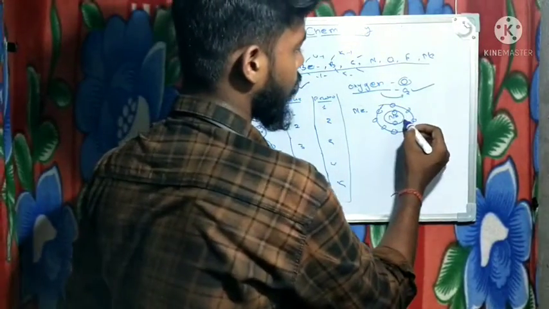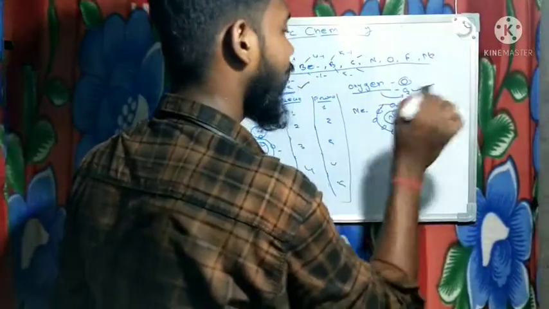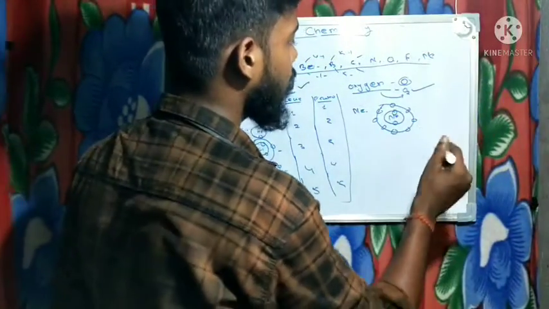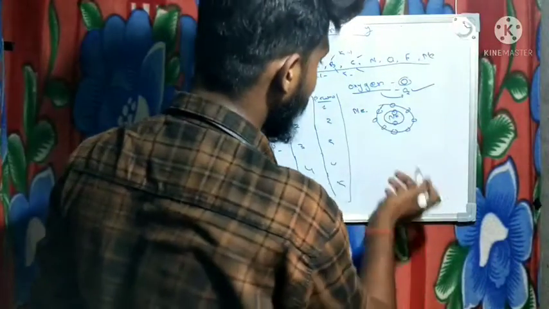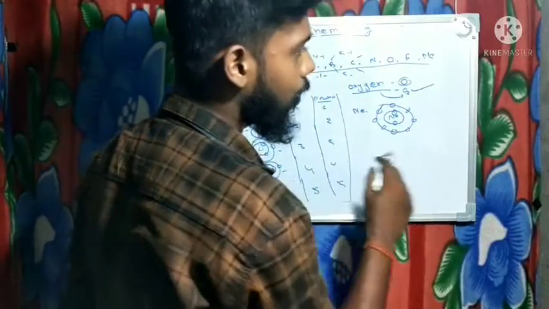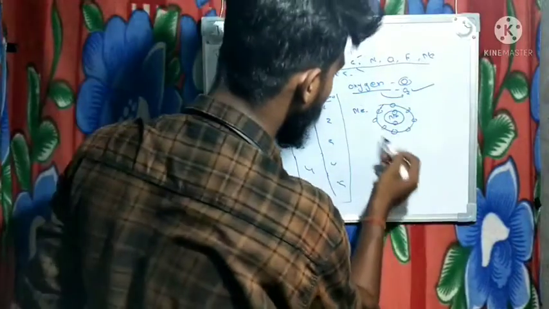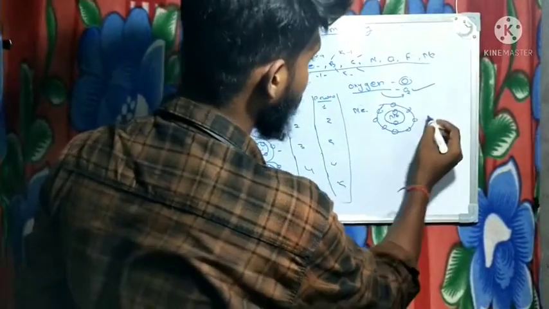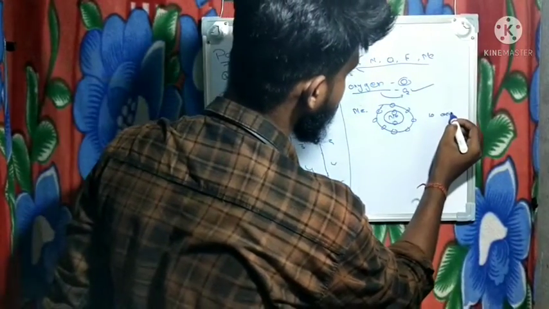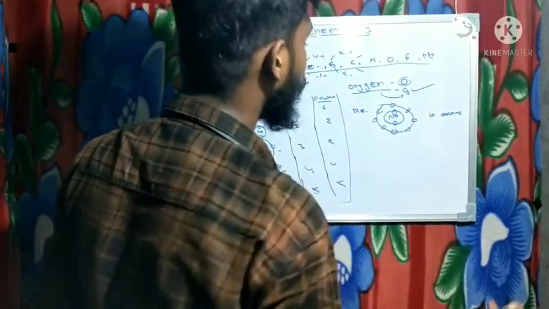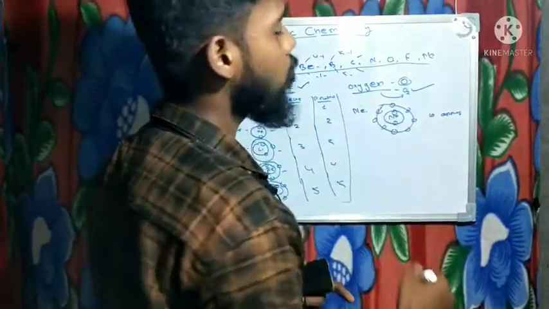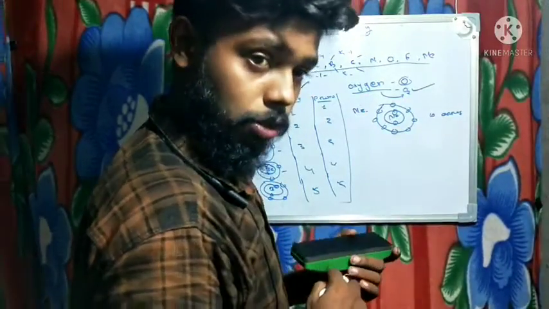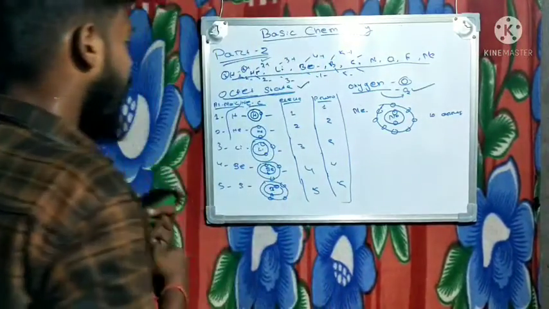See here, first cell, we know that the first cell is the K cell, and the K cell has a maximum capacity of 2 electrons, completed. After that, the next cell has a maximum capacity of 8. This is also filled up, and 2 plus 8, 10 electrons are arranged. There is no electron left to go to the next cell, and there is no space in the M cell. This is most important, remember.